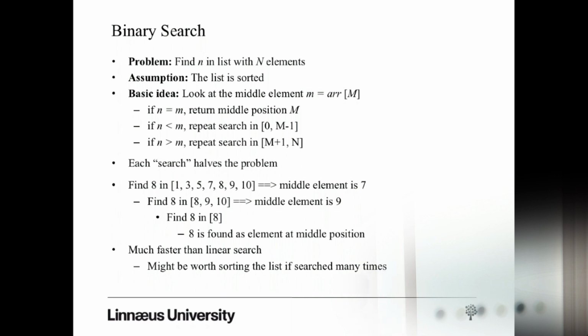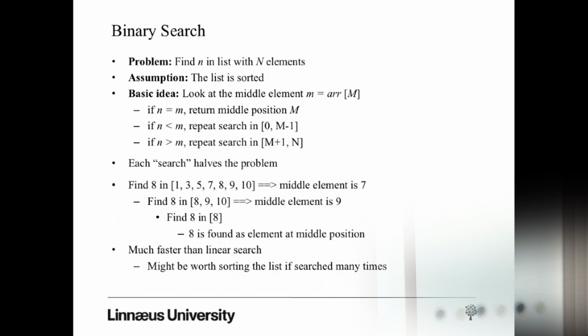For example, here we want to find 8, and the middle position in this case is, counting 1, 2, 3, 4, 5, 6, 7, 8, either 7 or 8 as the middle value, up to you. Let's say 7 is the middle value, and 8 is greater than 7, which means we can ignore this part and focus on this part.